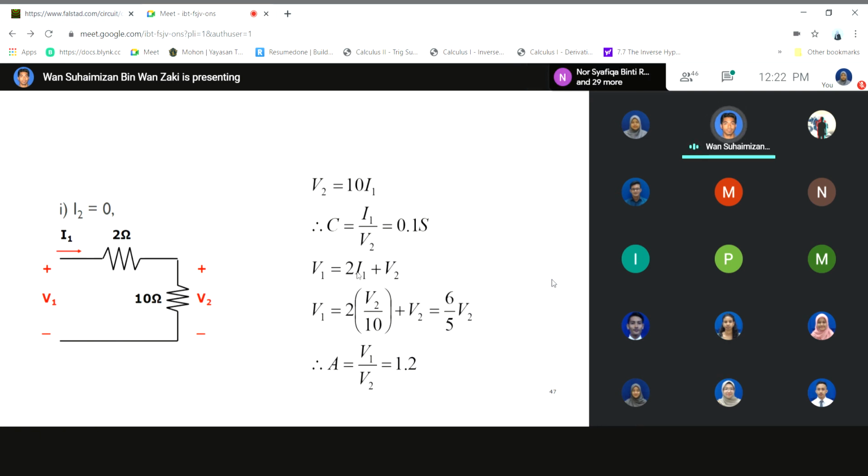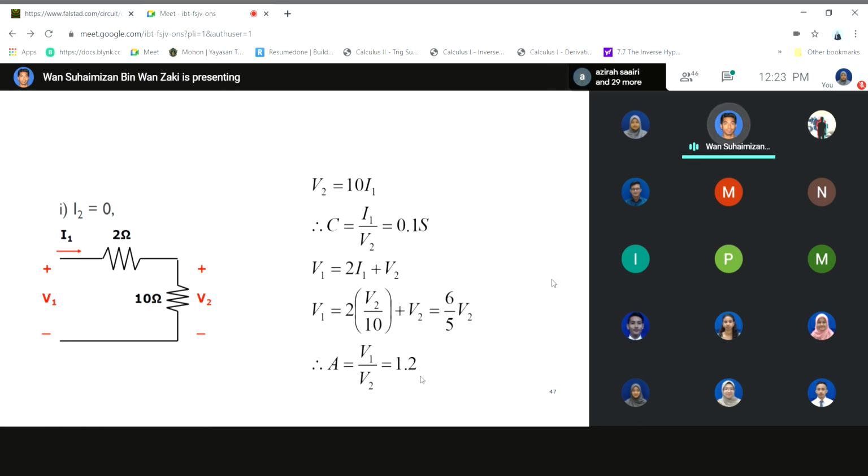So you replace I1 in the equation. So you can get V1 and V2 variables in this equation. You need to make sure you have V1 and V2 in this equation because you need to determine the ratio V1 over V2. So at the end, you can see V1 over V2 equals 6 over 5 or 1.2. There is no unit because this is a voltage ratio. So this is 1.2, right?